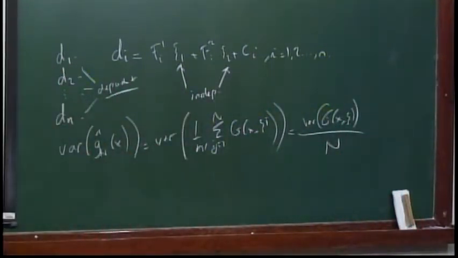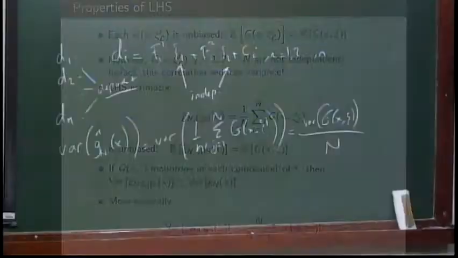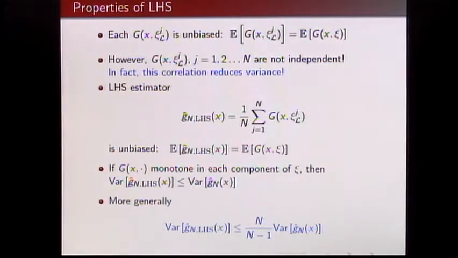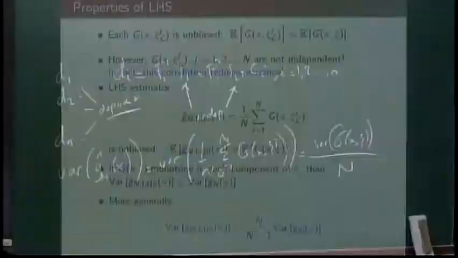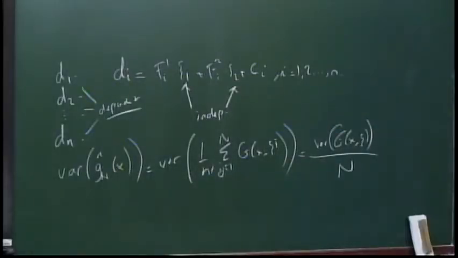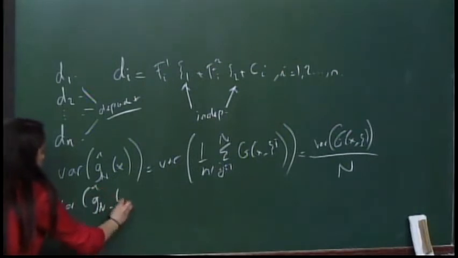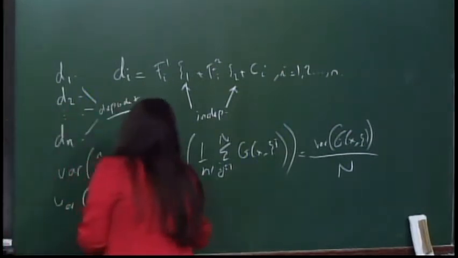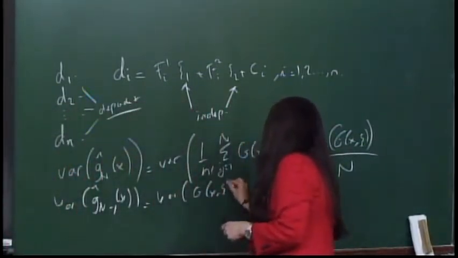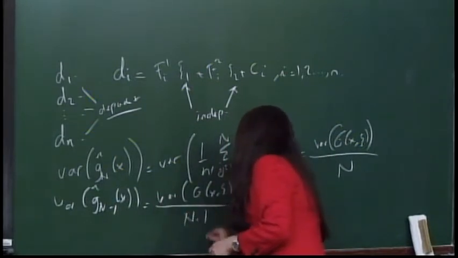So if I plug that in here, what do I get? Variance of the individual term divided by n minus 1. And that's the variability of a standard Monte Carlo estimator with n minus 1 samples. This is the variance of the standard Monte Carlo with n samples. If you want the variance of Monte Carlo with n minus 1 samples, it's the variance of G divided by n minus 1.